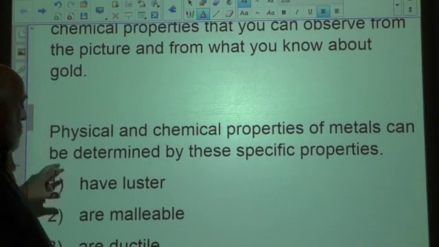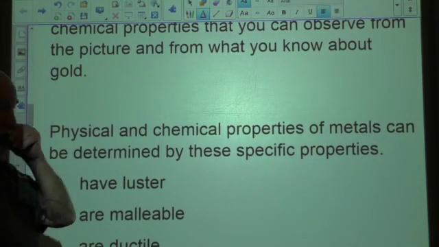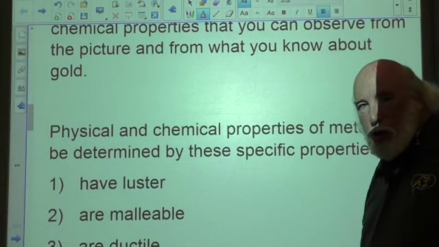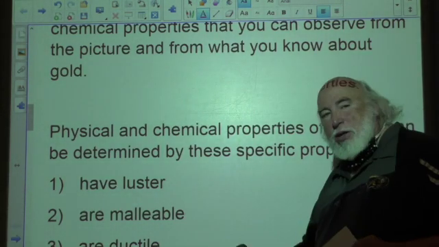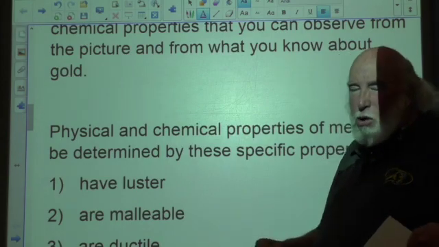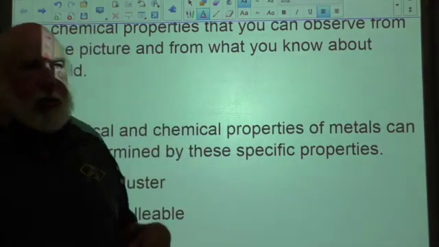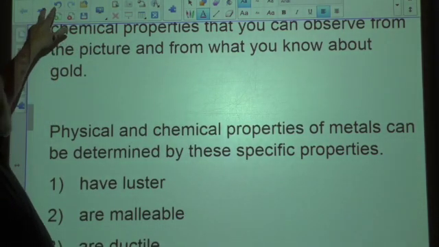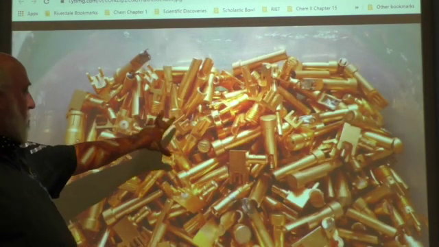Now, these two right here, malleable and ductile. Malleable means you can shape it, or bend it into shapes, and ductile means that you can stretch it into wires. It's kind of like bending as well. You do all kinds of flexible things with it. Some metals more than others, but they're all malleable and all ductile, which is why we have gold shapes here.